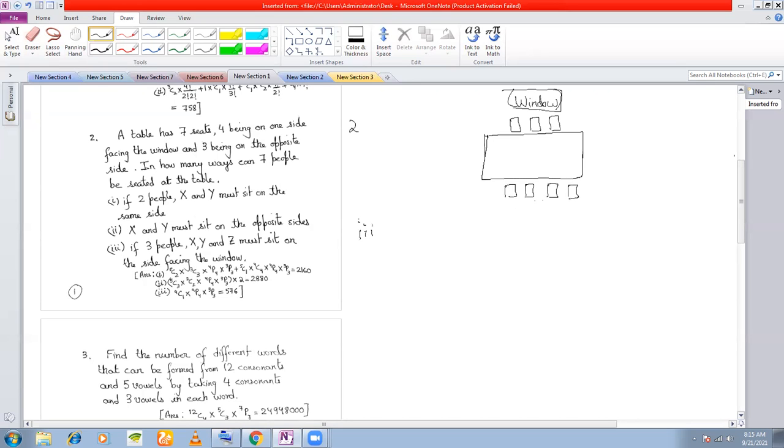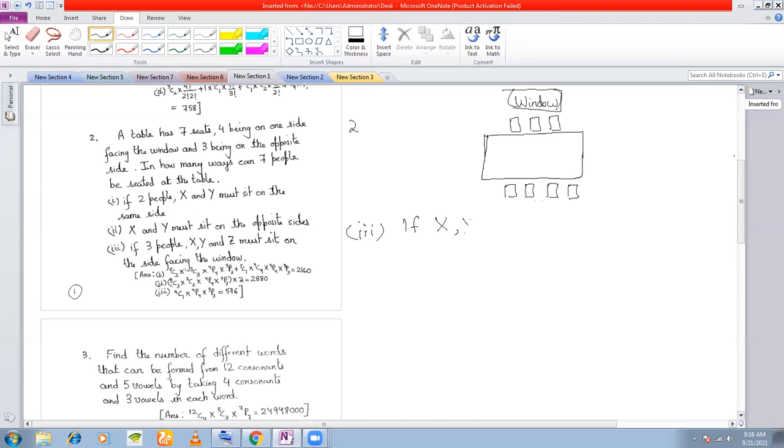Number 3. If you see question number 3, it says if 3 people X, Y, and Z must sit on the same side, on the side facing the window. Now, 3 people X, Y, and Z are sitting on the same side facing the window. So there can be only one case here, right? Because it is already mentioned that they are facing the window.